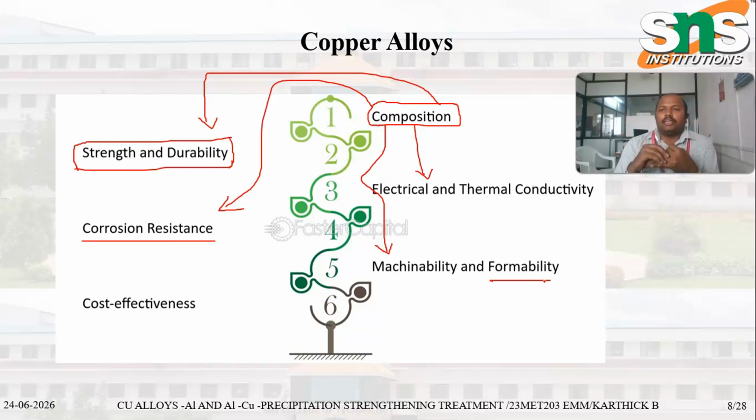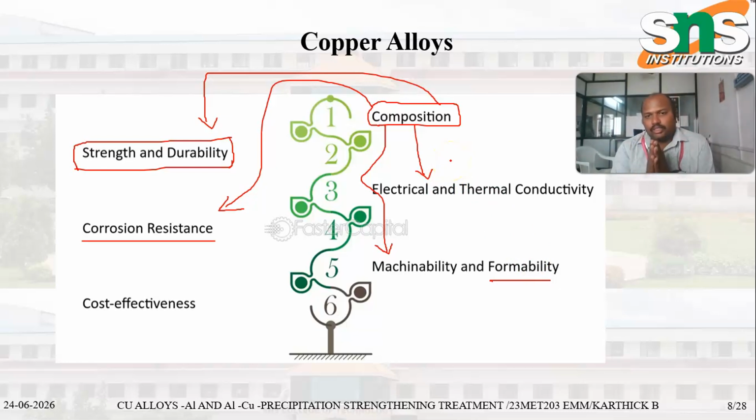It is also converted into wires, which can be used in electrical equipment like fuses, or as copper wires. Sometimes it is used as a rod type. These are the major forms.